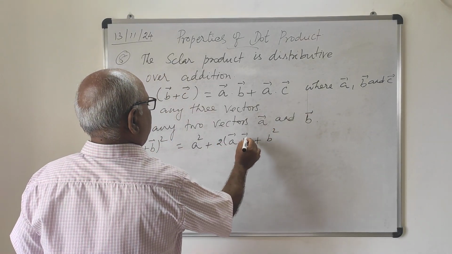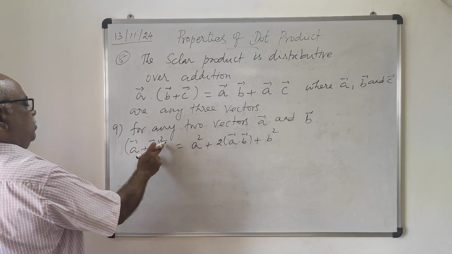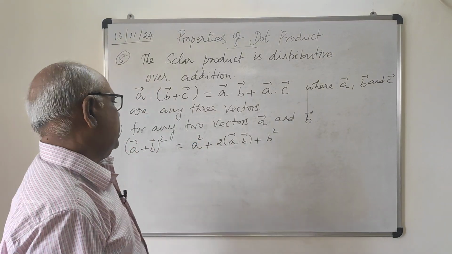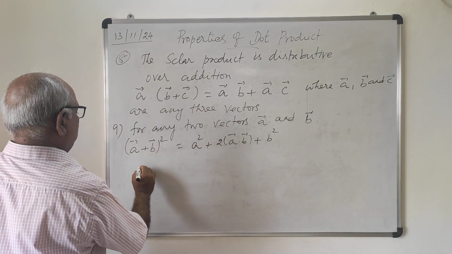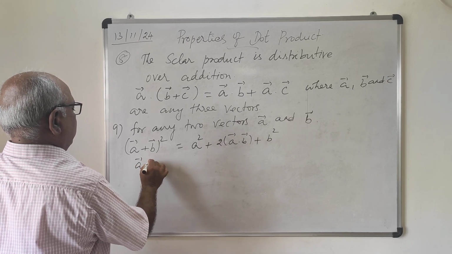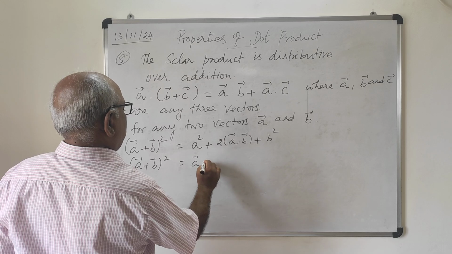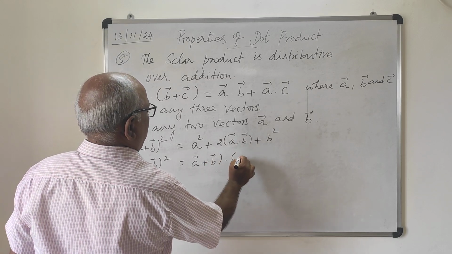This is our result. (a vector plus b vector) whole square equal to a square plus 2 into a dot b plus b square. How we can prove this? (a plus b vector) whole square is equal to (a plus b) dot (a plus b).